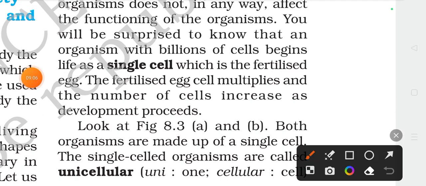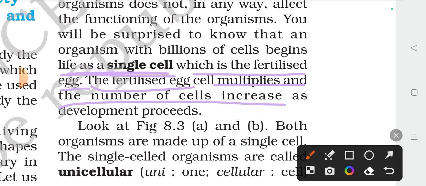It basically starts life as a single cell, which is the fertilized egg. The fertilized egg cell multiplies and the number of cells increases as the development proceeds. That you will be learning in the chapter on reproduction in animals.